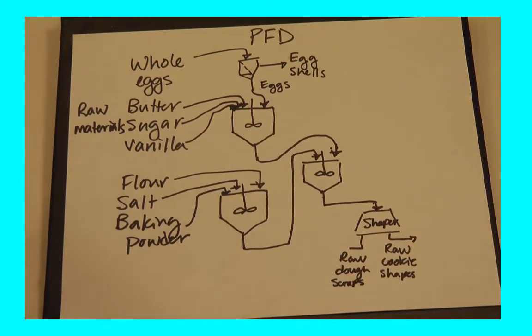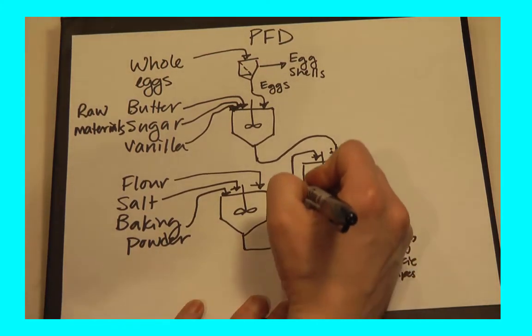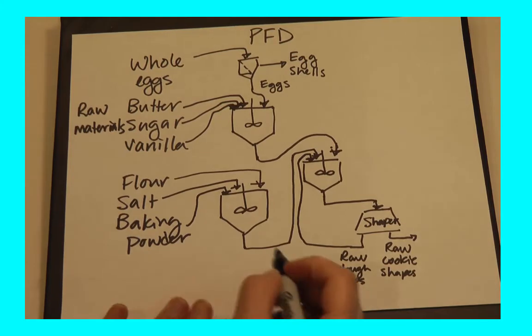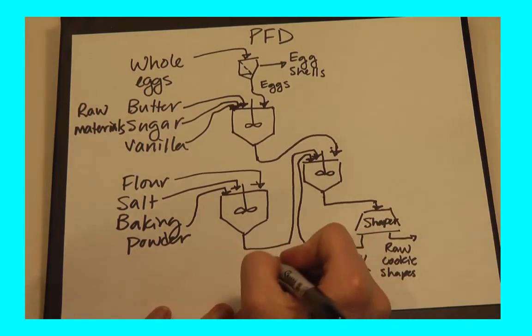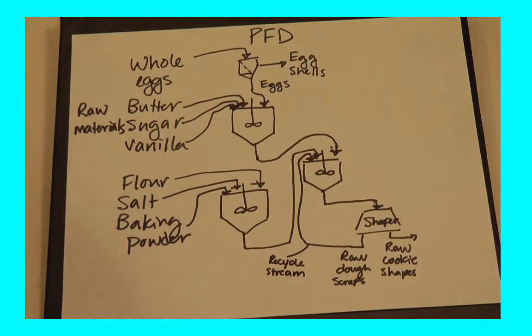Now these raw dough scraps, we don't want to waste that. That's usable cookie dough. So we could send this back up into the mixer to be mixed in with more dough. So this we would call a recycle stream.